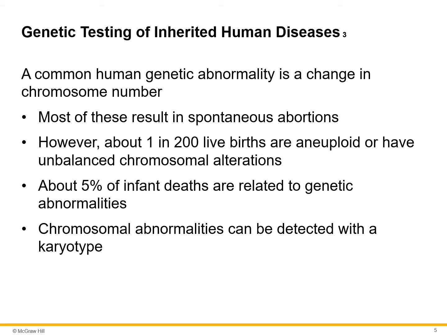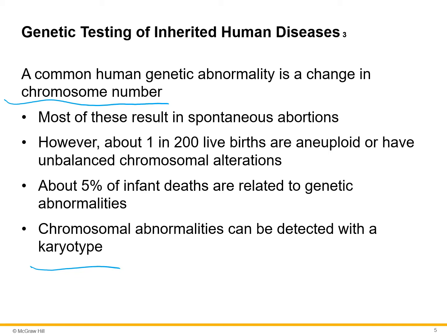Another type of testing, used to detect abnormalities in chromosome number, is karyotype analysis. A karyotype is where you analyze the chromosomes and look for abnormalities in the number of chromosomes or the size of the chromosomes, either being too short or too long.